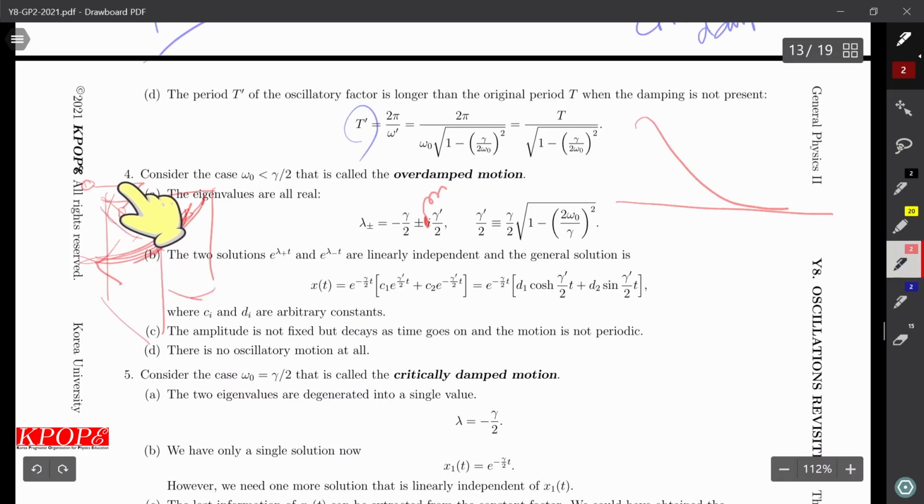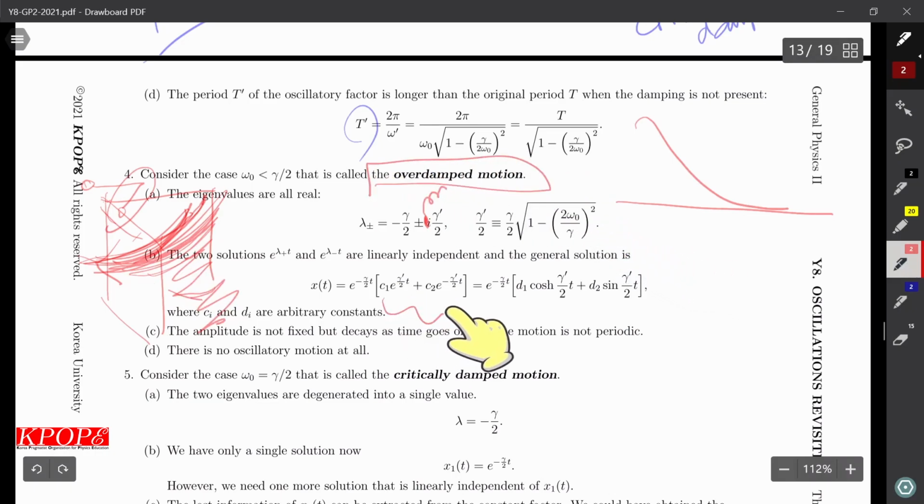But if the frictional force decreases, this door can oscillate, but the amplitude decreases. So that is underdamped motion. But if there is no oscillation, your answer will be overdamped motion without any oscillating factor.